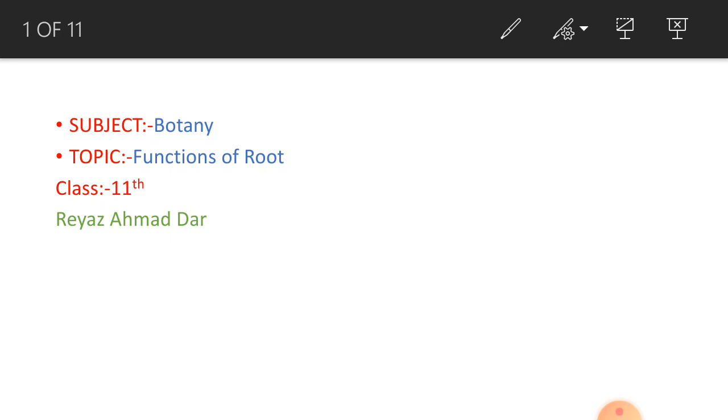So far as our previous topic is concerned, we have dealt with what a root is and what its different parts are. Root is the underground non-green part of the plant that anchors the plant to the soil and takes part in the absorption of water as well as minerals. There is the main root, also known as the taproot.